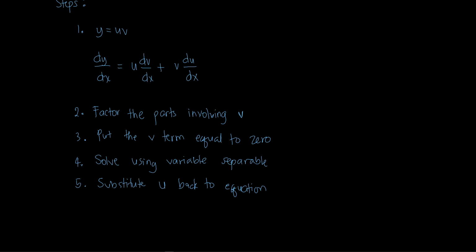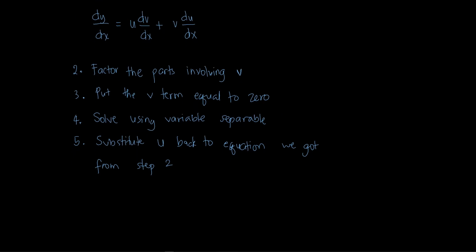Nga makuha na to equation we got from step 2. So, kung sa itong makuha ang equation diri sa step 2, ibalik na to. I-reverse substitution na to ang u. Tapos, step 6 is, solve na to itong makuha sa step 5 para mapangita na to ang v. So, solve to find v.